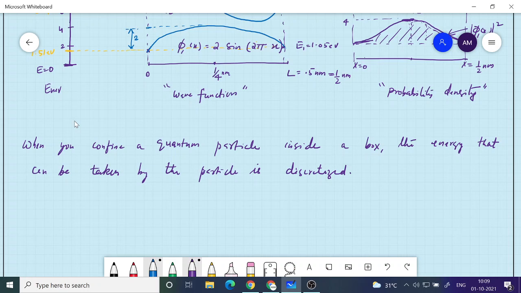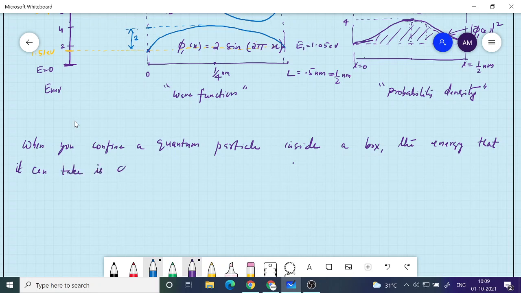So when you confine a quantum particle inside a box, the energy that it can take is discretized.